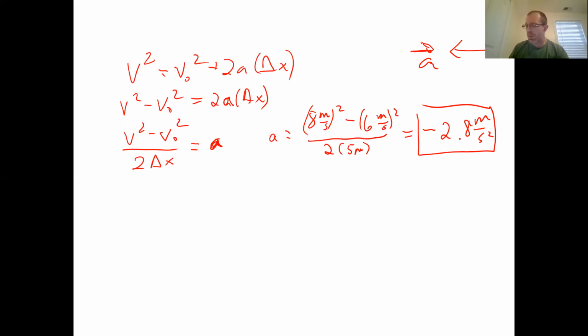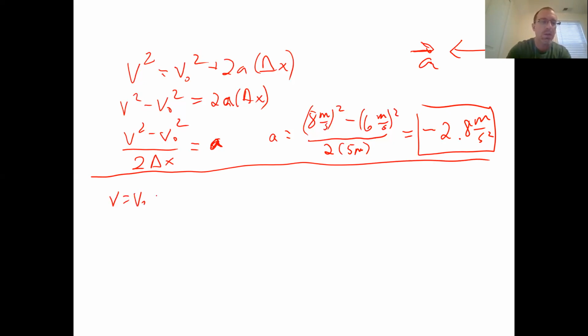All right, so the next thing is to figure out our time. And in order to do that, I'm just going to use this equation right here: v is equal to v naught plus a delta t. All right, let's rearrange this guy and solve for delta t.